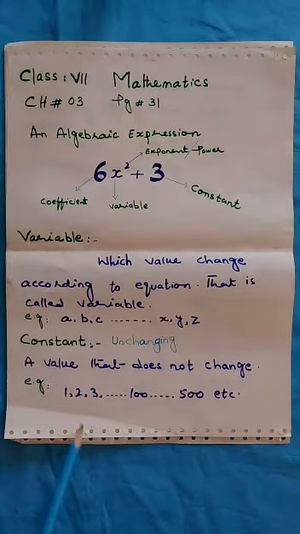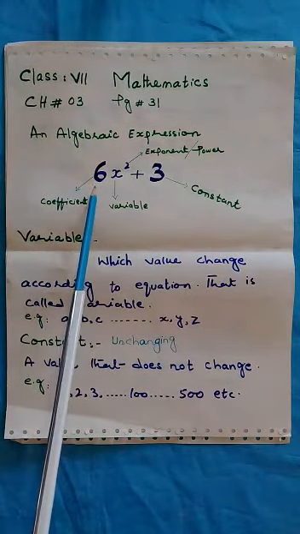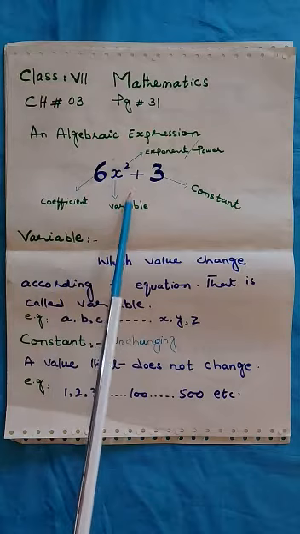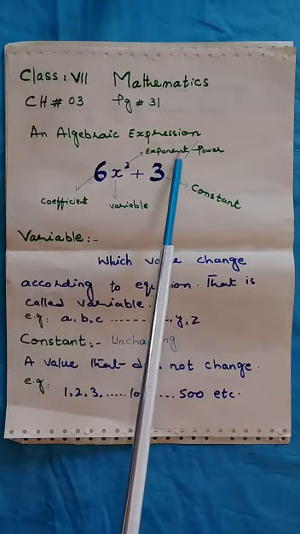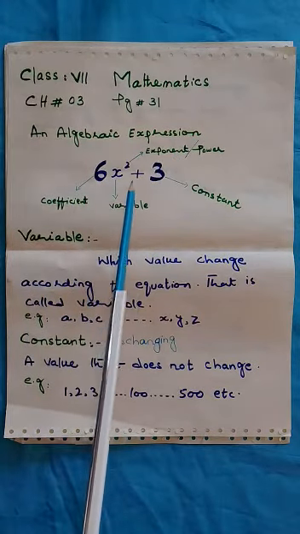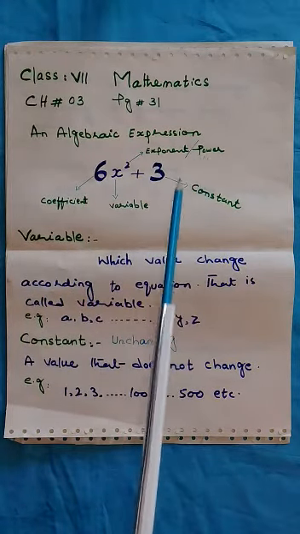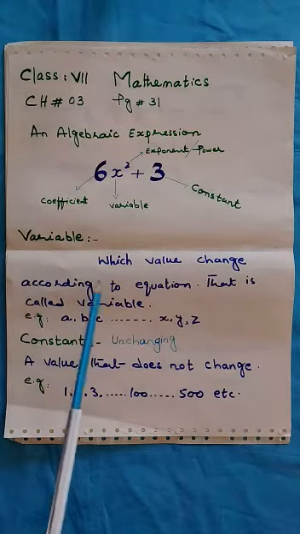Here we have an algebraic expression 6x square plus 3. Actually, a term consists of coefficient, variable and exponent. So what is coefficient, variable and exponent or power? Let's see. What is a variable?